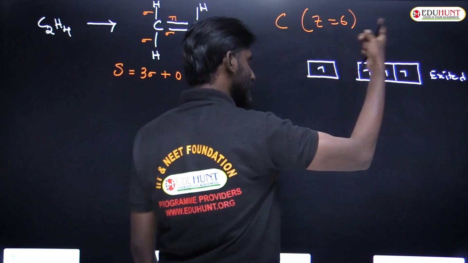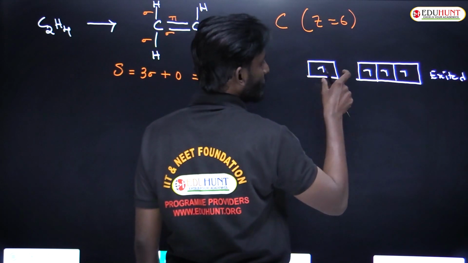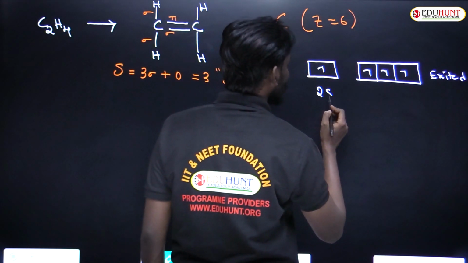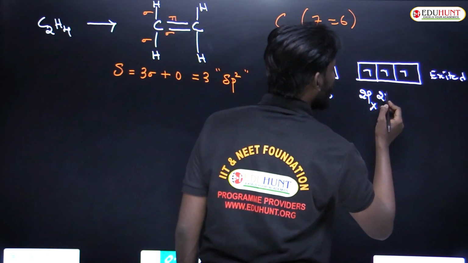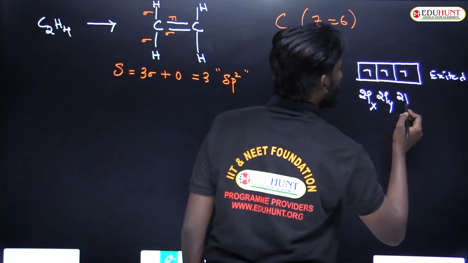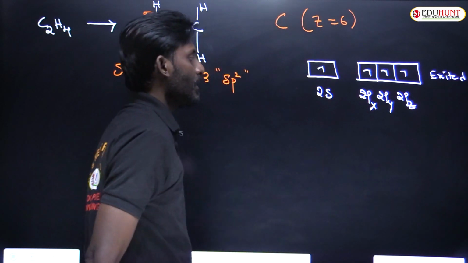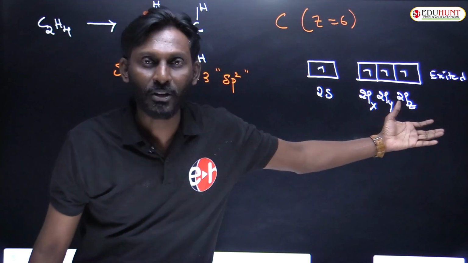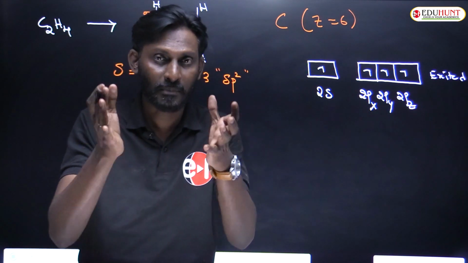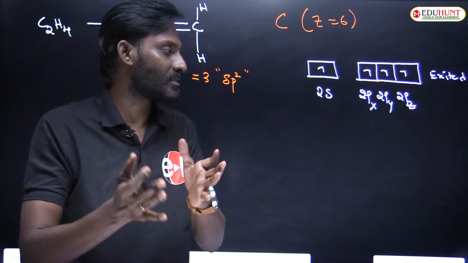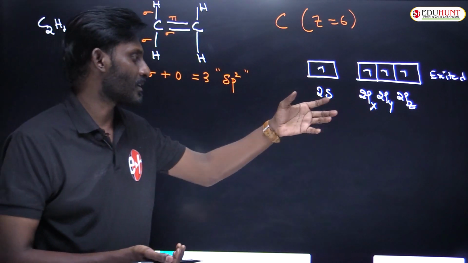So it becomes 2s1, 2px1, 2py1 and 2pz1. These are the pure atomic orbitals, 2s and 2p orbitals, of the valence shell of the central carbon atom, right?